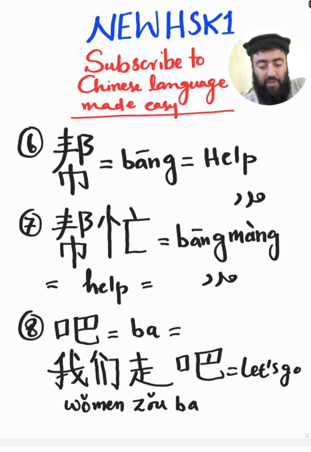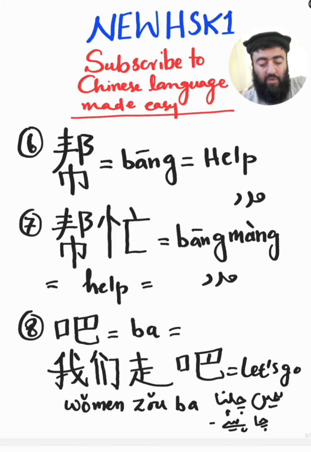So it is suggesting that let us go. In Urdu we can say hamein chalna chahiye. So this is a suggestion that is being given to another person, okay, and it has other uses as well.